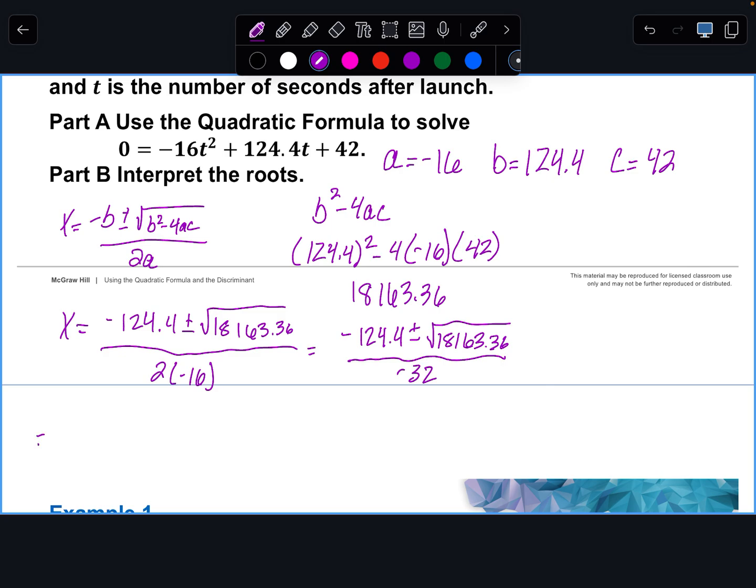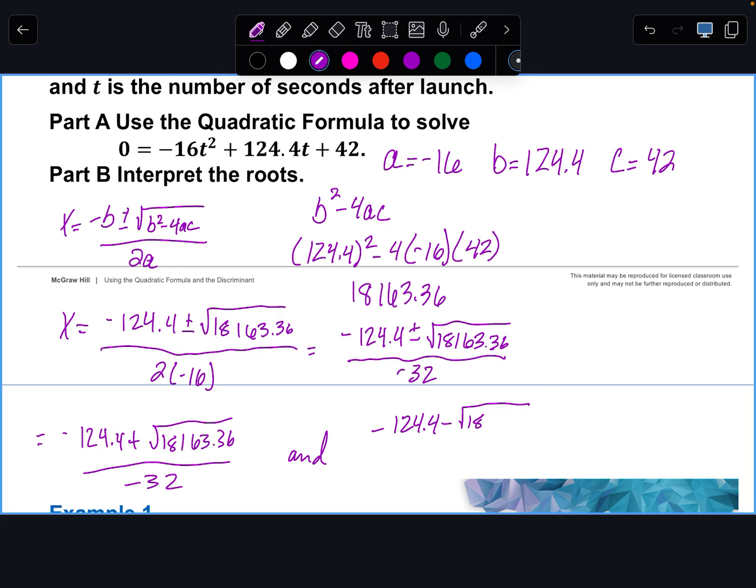So that's negative 124.4 plus the square root of 18,163.36 divided by negative 32, and negative 124.4 minus the square root of 18,163.36 divided by negative 32.